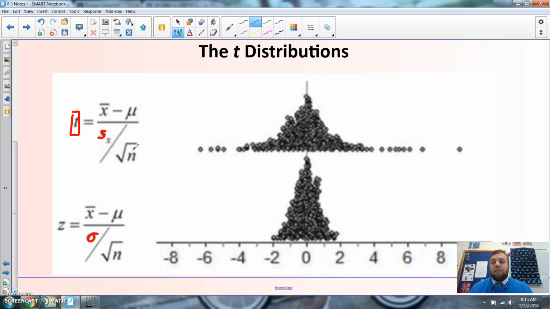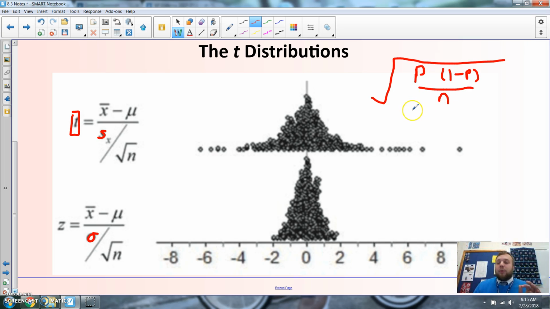Okay? Now, to understand this, when we're dealing with proportions, will we ever have to have a t-score? No, because we never have to know our standard deviation. We actually know the standard deviation is this formula, which, you know, we don't have to have a standard deviation to figure this out because all we need is the percent.